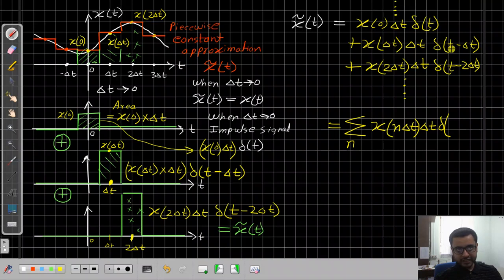Here we have t, here we have t minus 1 delta t, then 2 delta t, and so on. So this I shall write as t minus n delta t, and we have to sum over n starting from minus infinity to plus infinity, all the integers. Here you see we have n equal to 0, 1, 2, 3, 4. On the other side we will have minus 1, minus 2, which we have not written.